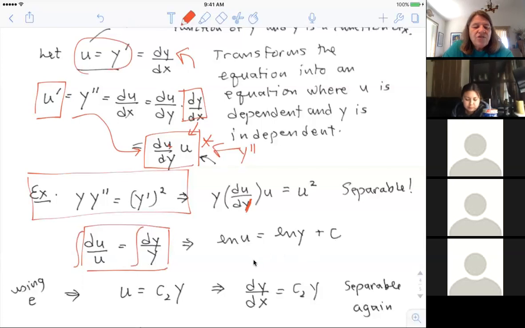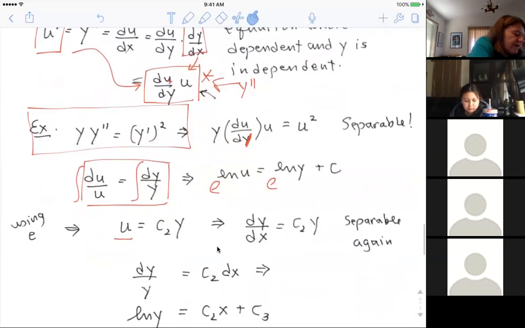I then will just use e here. And if I apply e to both sides here, I'll get a u right there. If I do this, note, remember it's u, it'll be e to the log y plus c, but that's just times e to the c there.